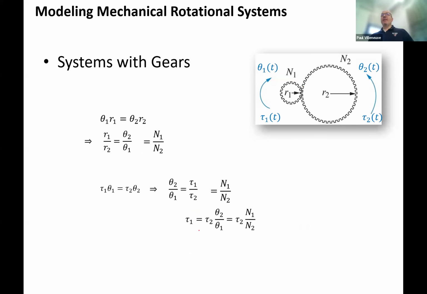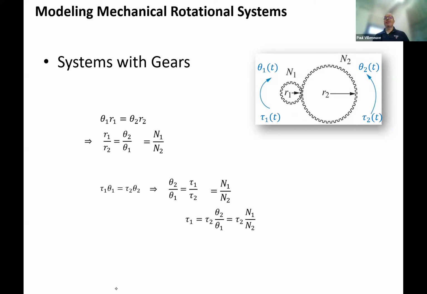So let's throw in some gears. Is that a big deal? We already talked about it in class before. A gear is just a transformer. All it does is change the speed. Which one's spinning faster, N1 or N2? Why?